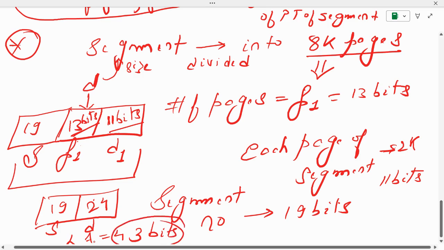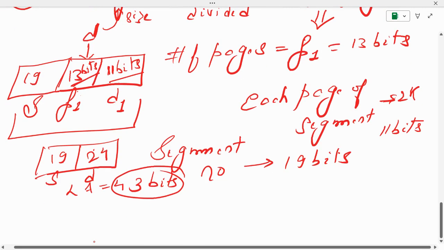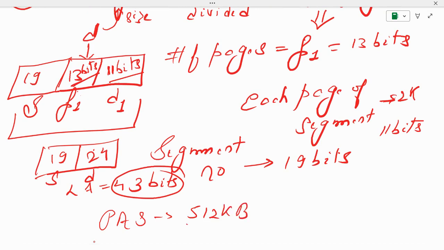And then it is saying that memory is byte addressable, okay, and PAS is 512 KB. PAS means physical address space, and PAS will contain the frames, and each frame has a size equal to the page size. So if we want to calculate the number of frames, what will be the number of frames? Number of frames equals 512 KB, and each frame is equal to each page of the segment.